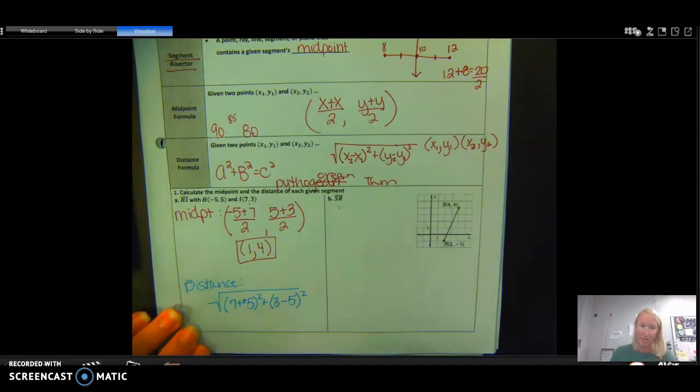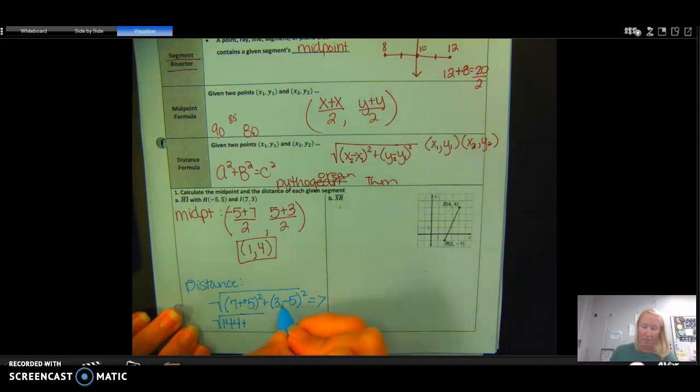Here, two negatives make a positive. 7 plus 5 is 12. 12 squared is 144. Plus 3 minus 5 is negative 2. Negative 2 squared gives me a positive 4 because a negative times a negative.